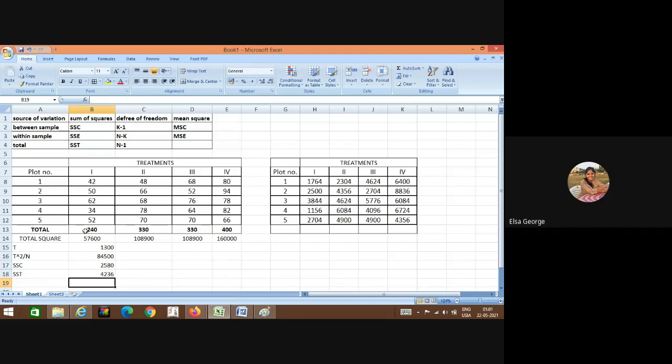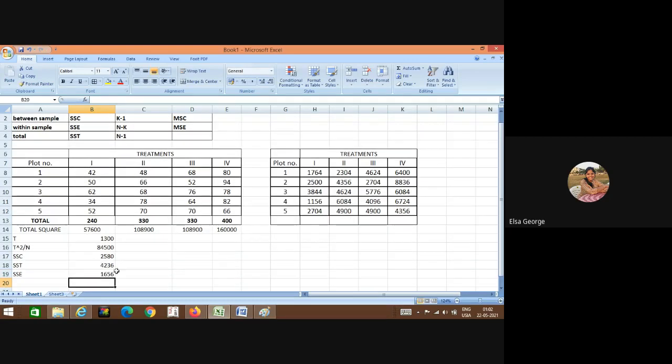Now in our table we have SSC here and SST here. Now we need SSE, and it is simple. SSE is equal to nothing but SST minus SSC. Now we'll put all these values back.